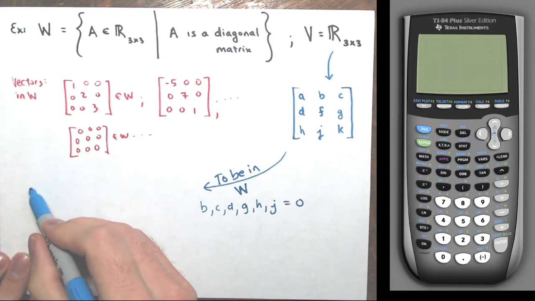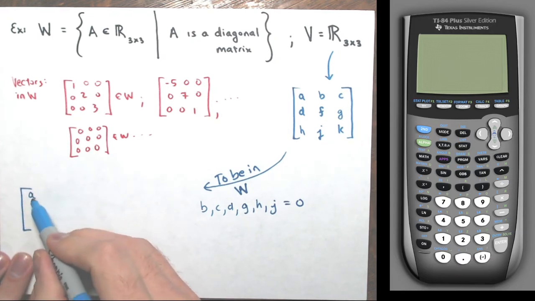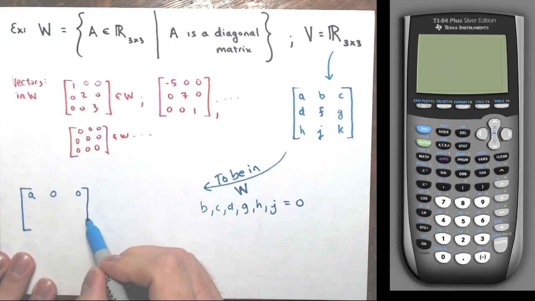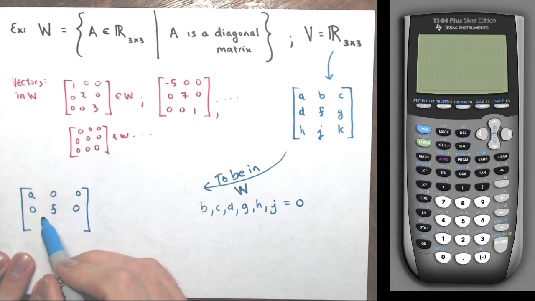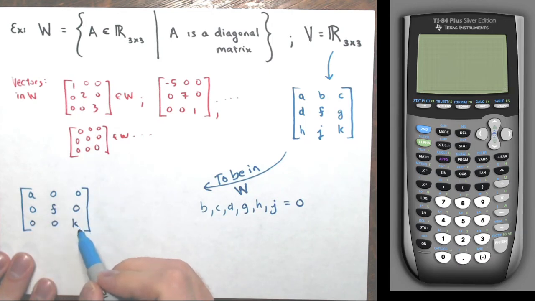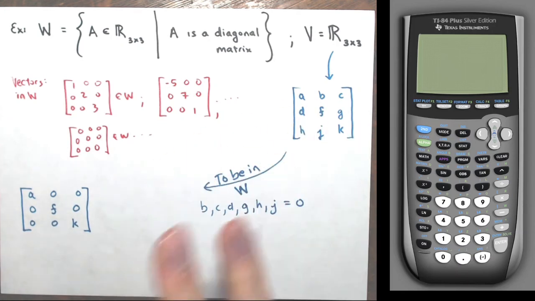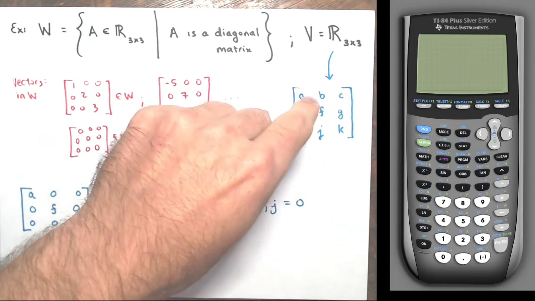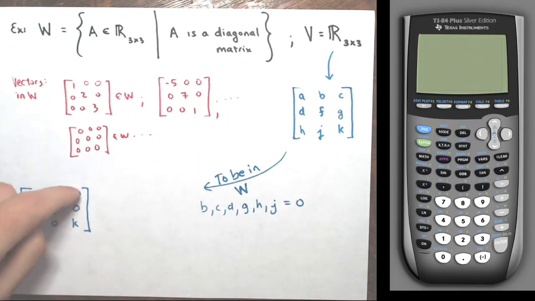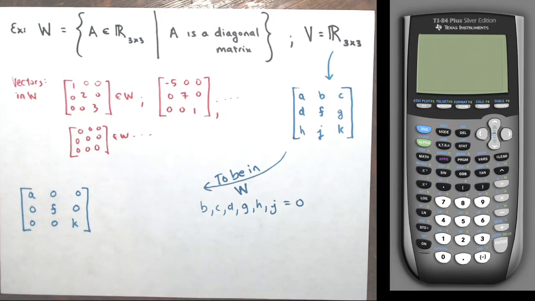So what I have in W looks like this: some variable A, and then 0, 0, and then 0, and then some number F, and then 0, and then 0, 0, and then some number K. Do you see how I have 3 free variables, A, F, and K? I can replace A, F, and K with any number I want. And the other variables, B, C, G, D, H, J, those were fixed. Those were basic. They only took on one specific value for any replacement of A, F, and K. They had to be 0.